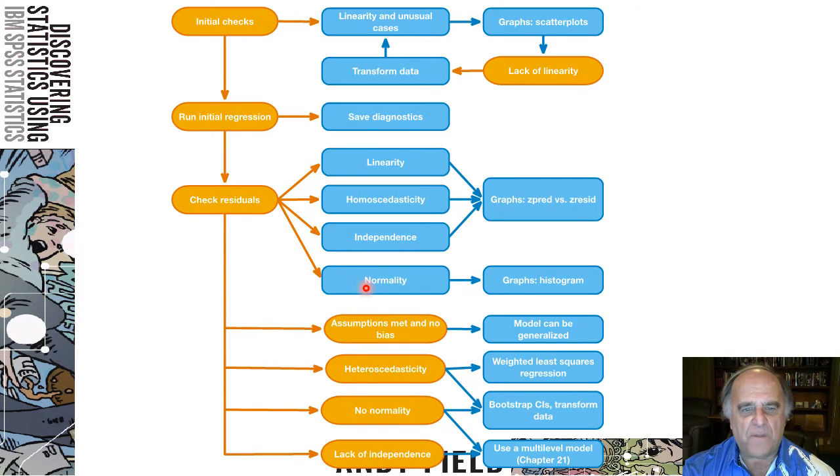You can look at normality of the residuals. You can graph them using a histogram, and of course, normality of your data. If your assumptions are met and there's no bias, then you would say the model can be generalized. Of course, we don't know generalized to what. I really think that probably means we can have faith in the internal validity of the statistical results.